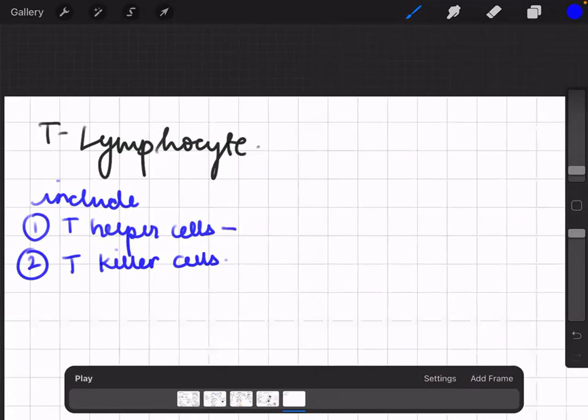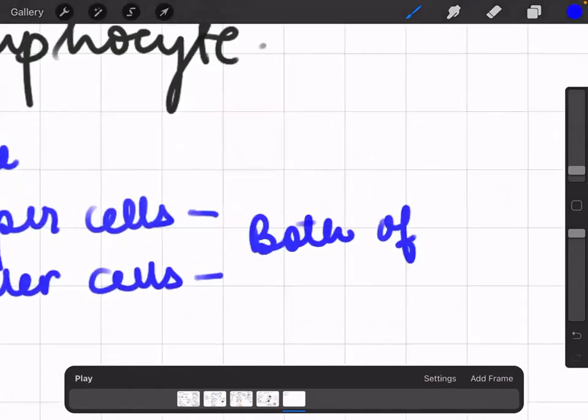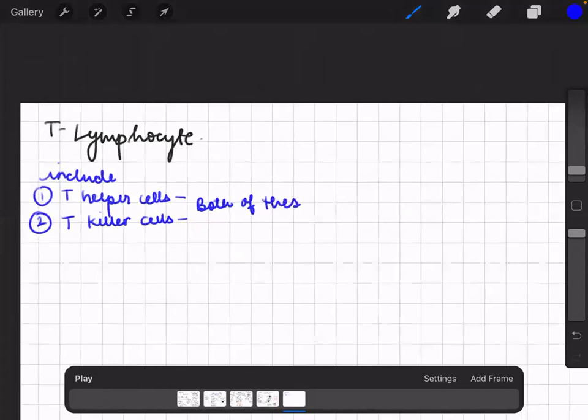Okay, these are the two very important types of cells, and what sets them apart from each other is that both of them, okay, are going to have very specific receptors on their membrane. So I'm going to write both of these cells have a specific receptor on their surface.